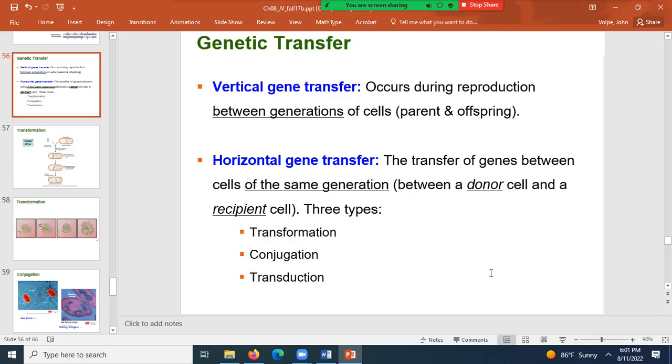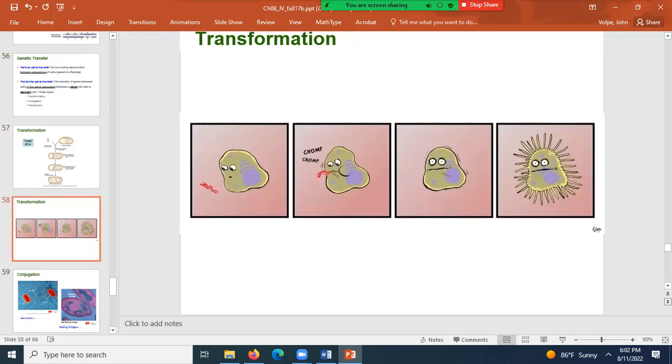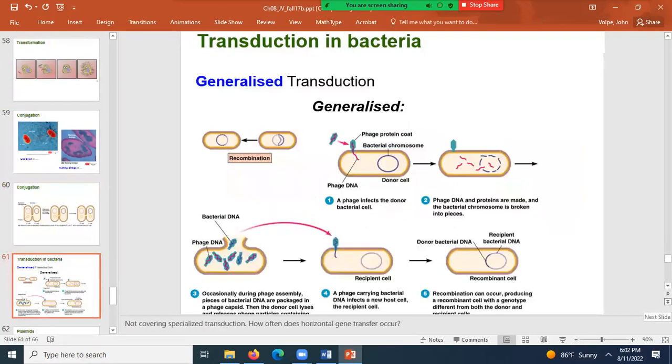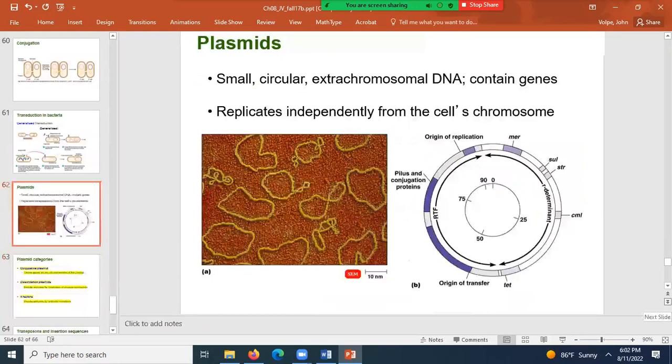For cells, it's kind of hard to talk about, but let's talk about children, for example. Where's recombination?